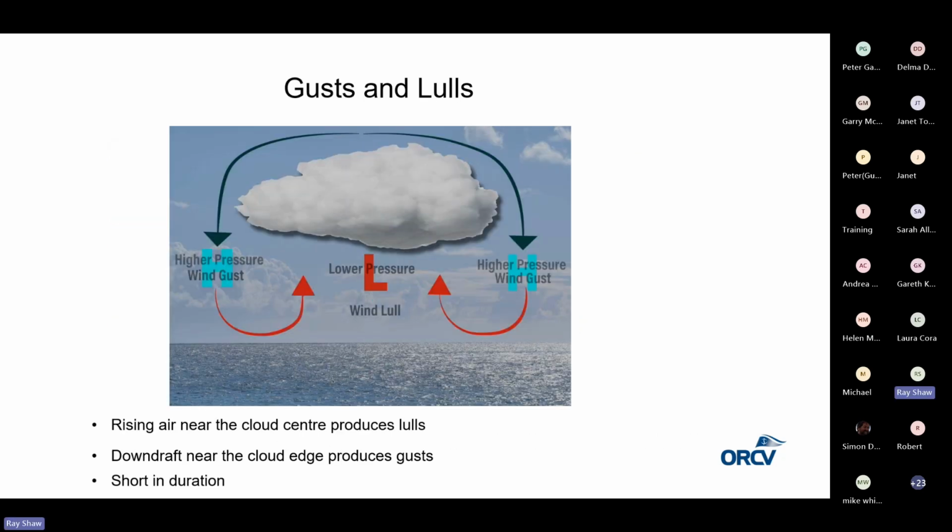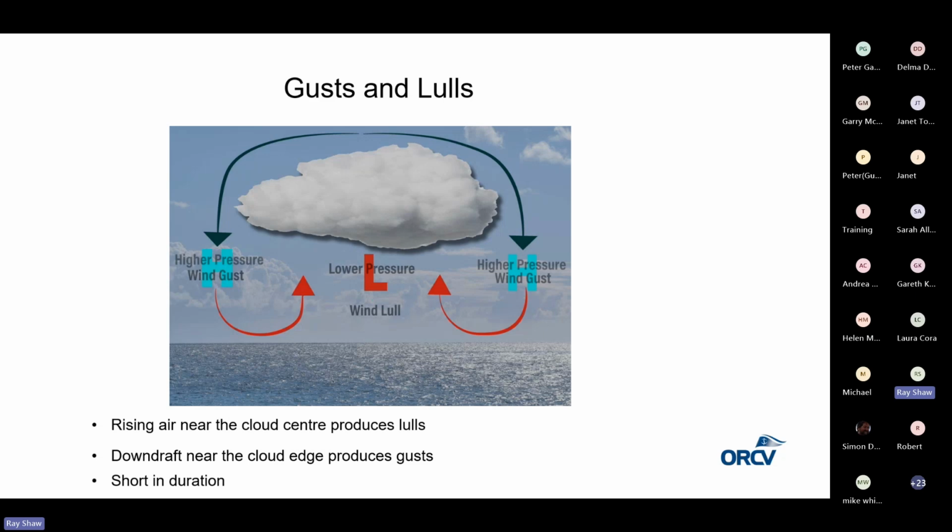Okay, so let's talk a little bit about some of the dynamics of air under clouds. As we said last time, wind in a low pressure region rises, and as it rises, it forms cloud. As the air cools, the water vapor becomes droplets and forms clouds.